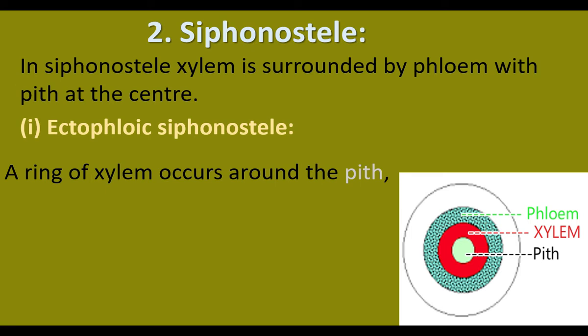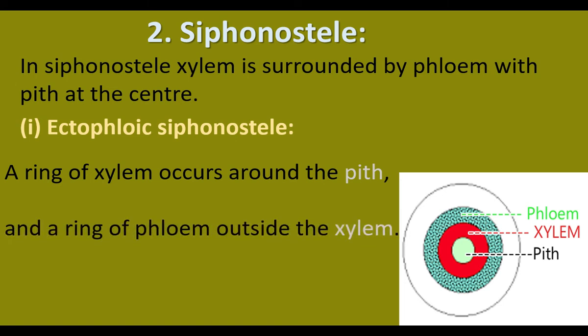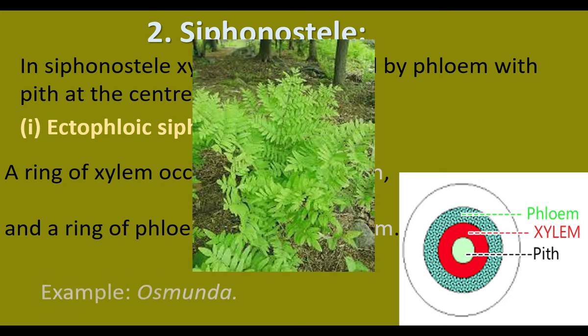Pith is at the center. A ring of xylem is found around the pith. In this picture, xylem is given in red color and a ring of phloem outside the xylem. This is Ectophloic siphonostele. Phloem forms the outer part of the xylem.